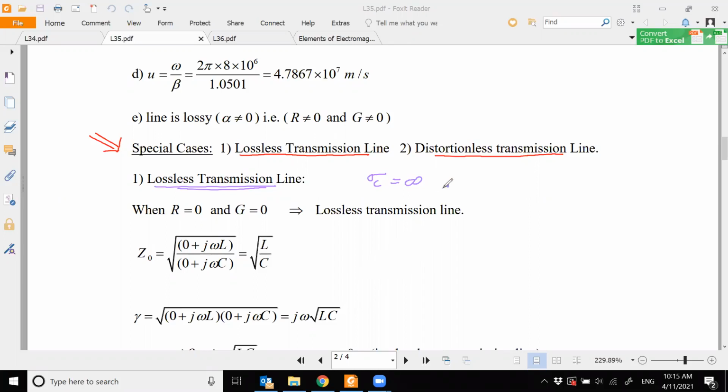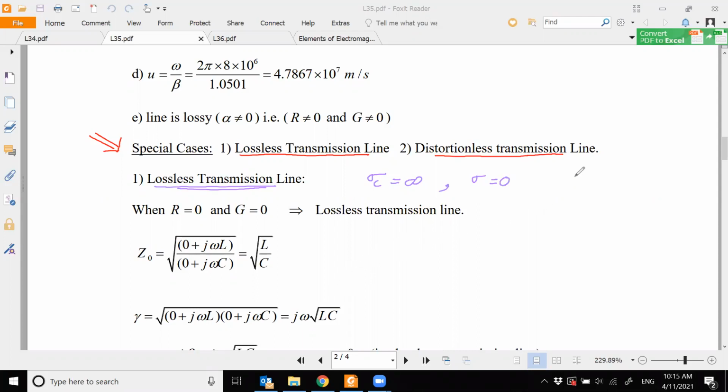And then the conductivity of the dielectric, which is nothing but the conductivity of dielectric is zero.